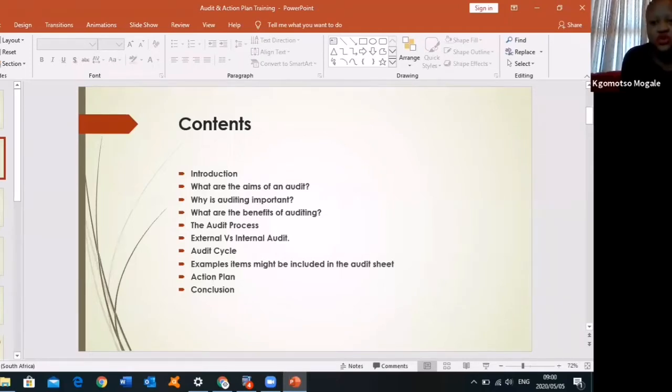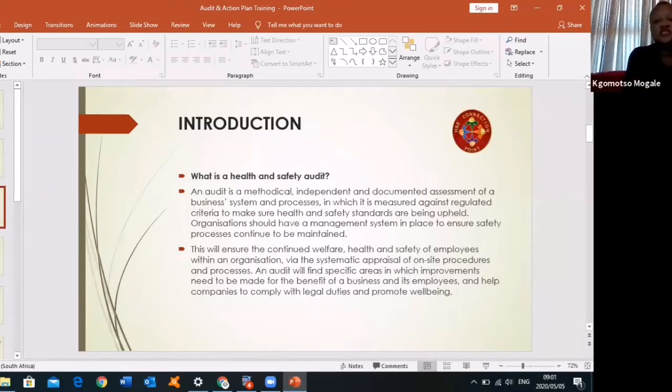I'll also go through some of the audit sheets that I have from the company that I previously worked for. We'll also go through the action plan, and then that will be our conclusions.